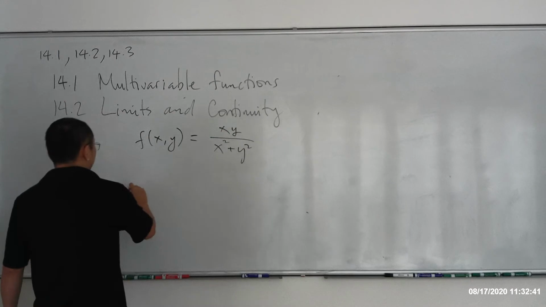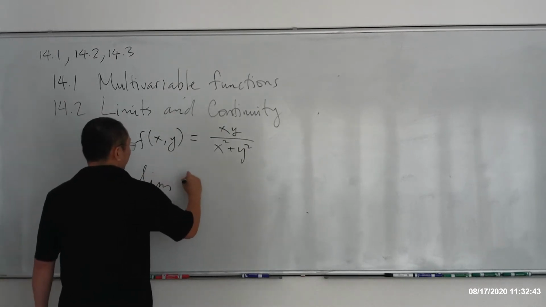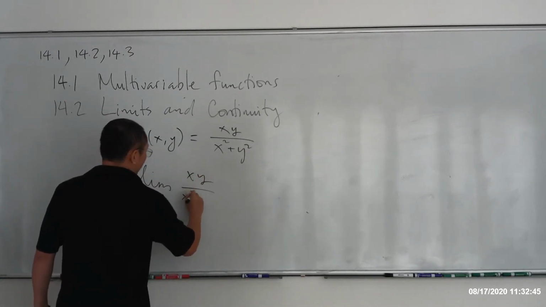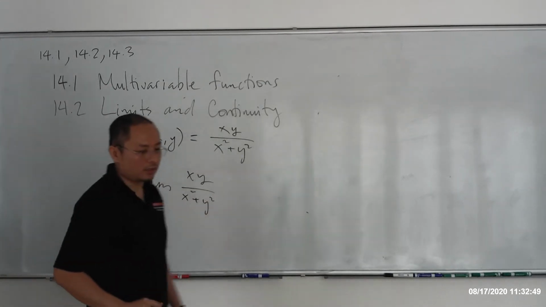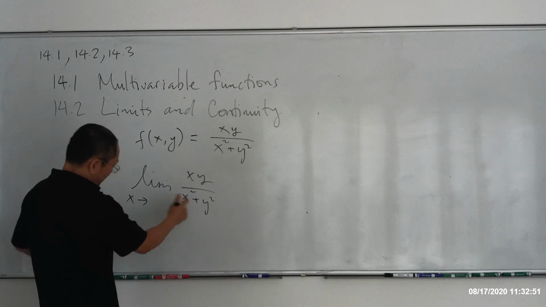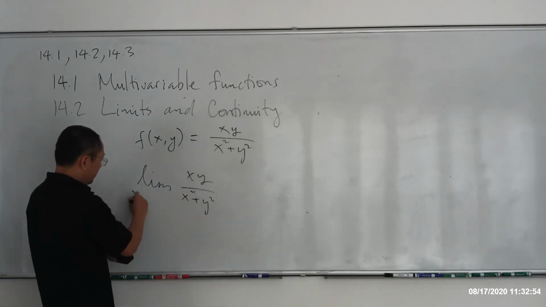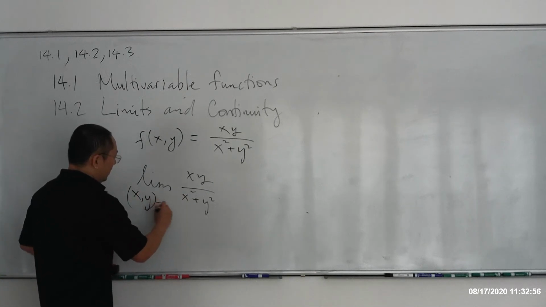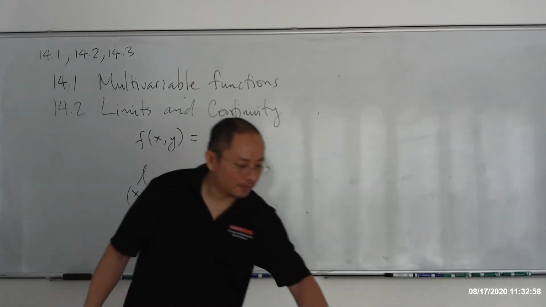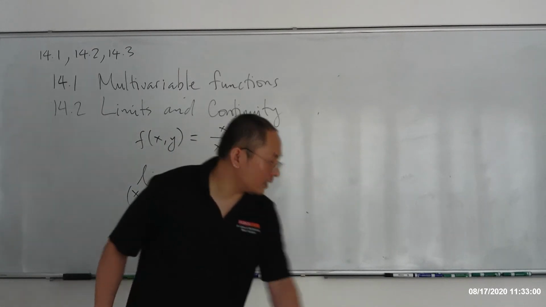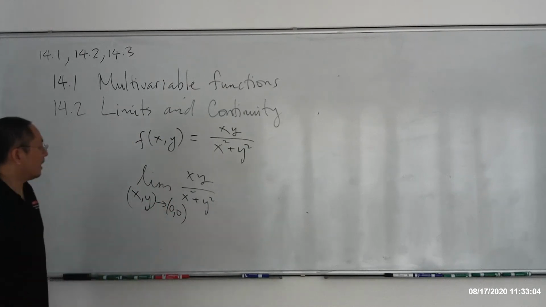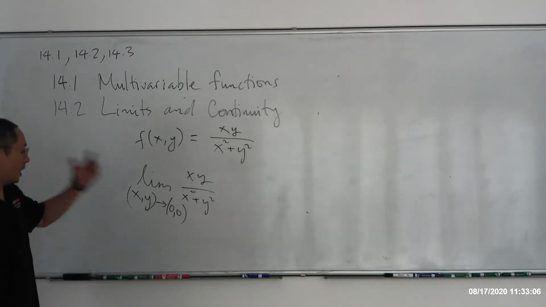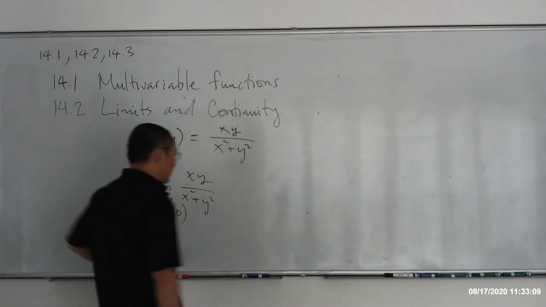Now, they ask you to calculate the limit of xy over x squared plus y squared as x comma y approaches 0, 0. Ooh, okay, 0, 0. Do we have the limit at that point? Because if you plug in, we don't know, but we may have the limit, okay?